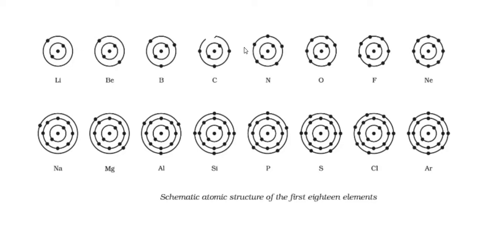So we can see the first 18 elements here. Let me take you to aluminium. In this case, we have the K shell filled with 2 electrons, the L shell filled with 8 electrons, and the M shell has only 3 electrons. So 5 vacancies exist in the case of aluminium, and so on.